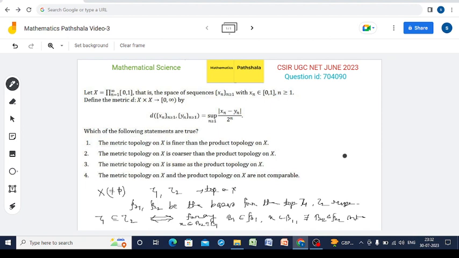That means if we take any basic open set B1 and any x here, then we can find a basic open set B2 from script B2 such that x belongs to B2 subset of B1. If we can do that, then tau 2 will be the stronger topology than tau 1. This is an important result which will be used here, because we now show that the product topology and the metric topology are equal.